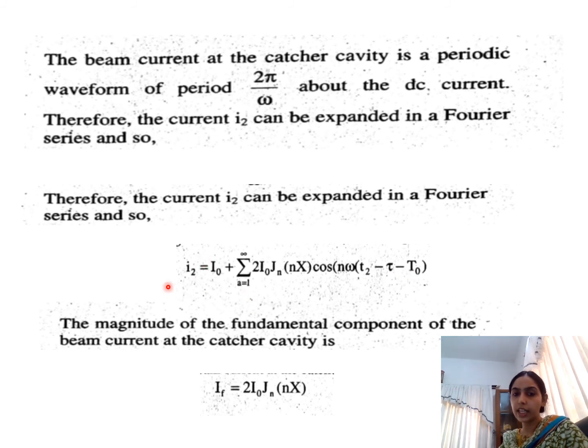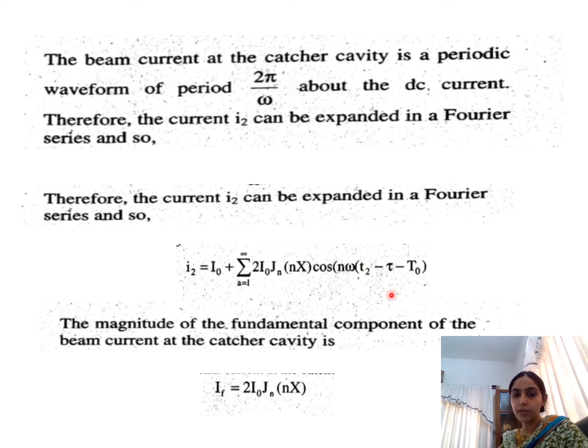You can directly write this result of current I2, which is given by I0 plus 2 sigma n varying from 1 to infinity of 2 I0 Jn of nx cos n omega into t2 minus tau minus t0. By now we are familiar with all these terms: what is t2, what is tau, what is t0, etc.